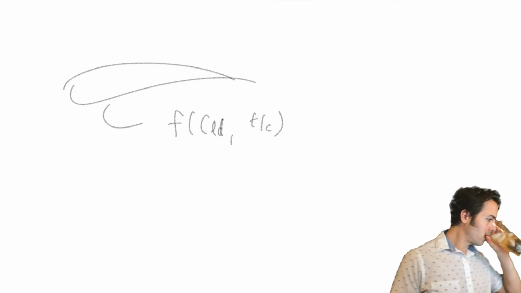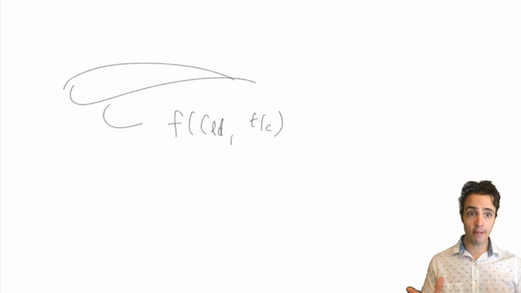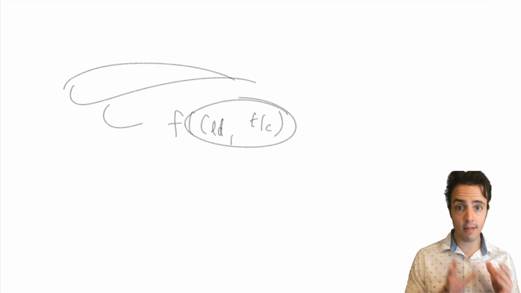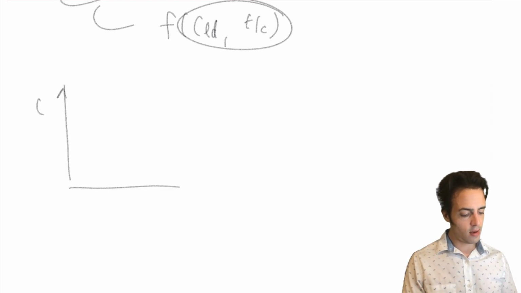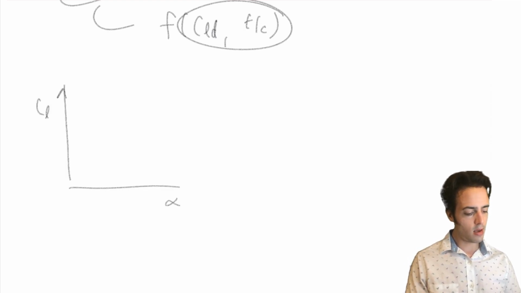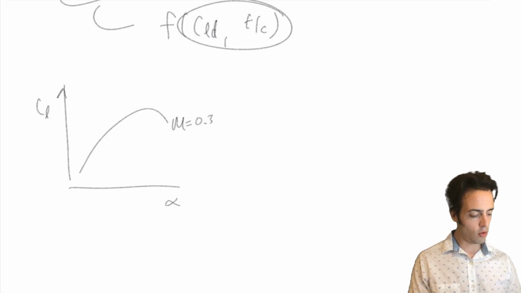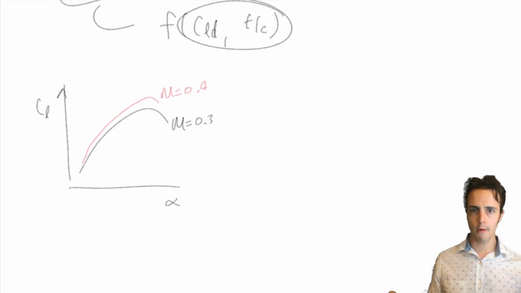For a set of different aerofoils, with a variety of different sets of these values, we could then do tests and determine CL versus alpha at one Mach number, say M equals 0.3. Do a second set, M equals 0.4, and so on, all the way up to supersonic Mach numbers, say 1.4.